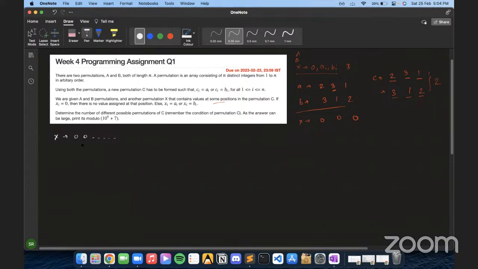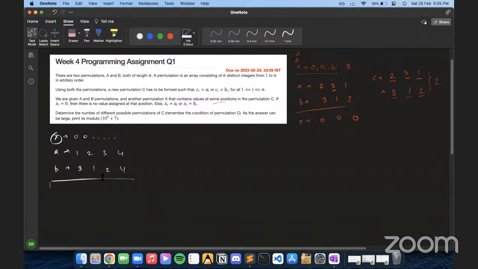So let's say we have a permutation A as 1, 2, 3, and 4, and for the permutation B, we have 3, 1, 2, 4. And as stated already, we are considering the case where the X array only consists of zeros.